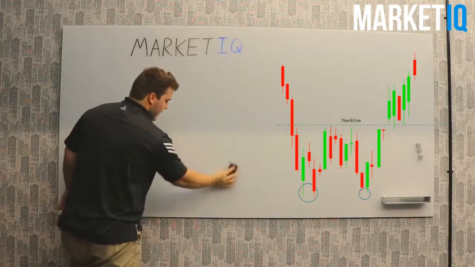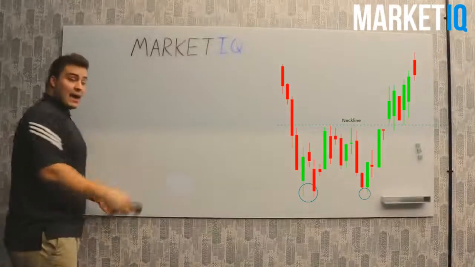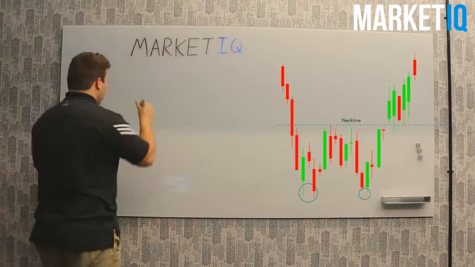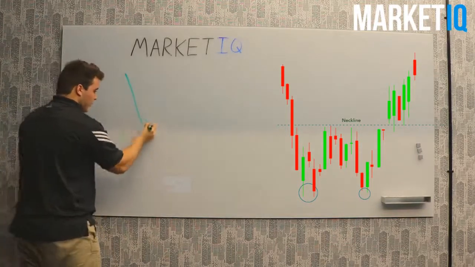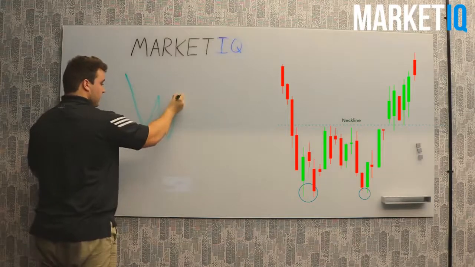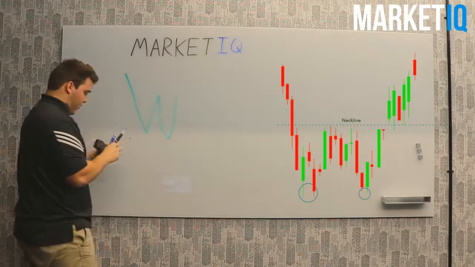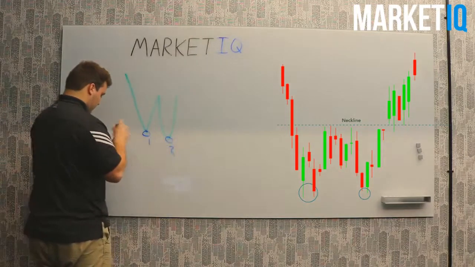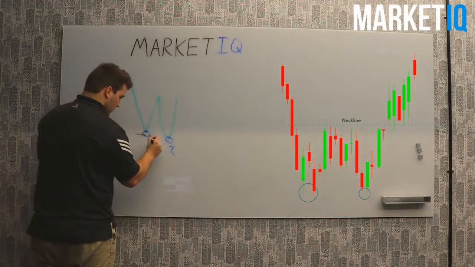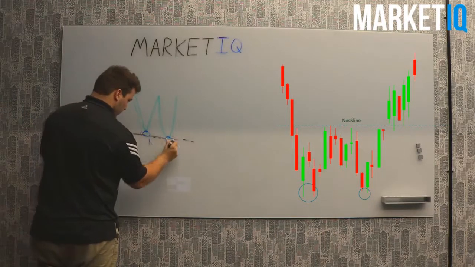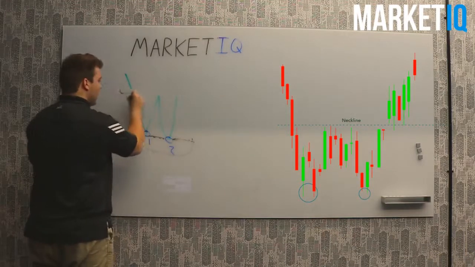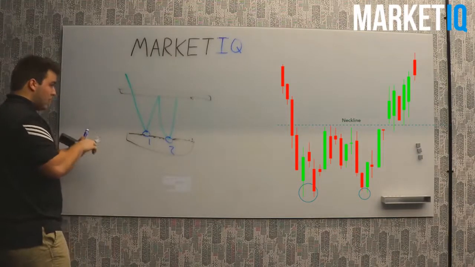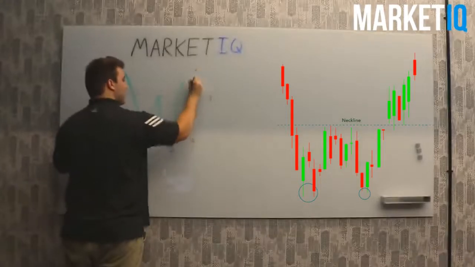Now remember, like we said before, a double bottom is the same exact thing as a double top. It's just inverted, it's the reverse. So we have price moving in a downtrend, it's pulled back. Essentially this is where we have our first bottom, second, our line here as the neckline, and then price finally breaks the neckline, pulls back.